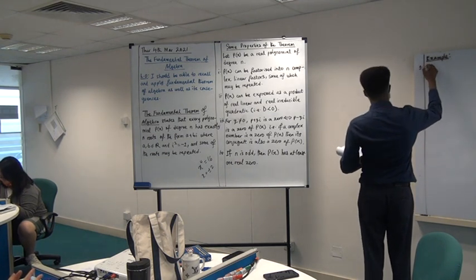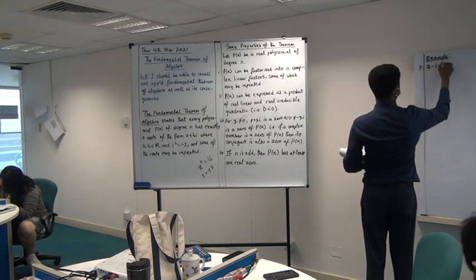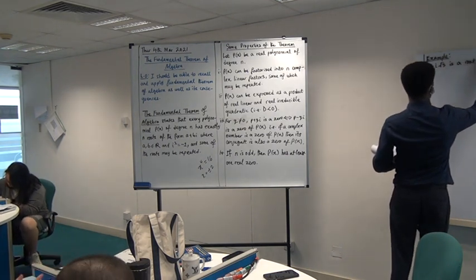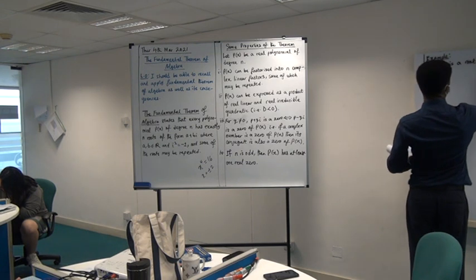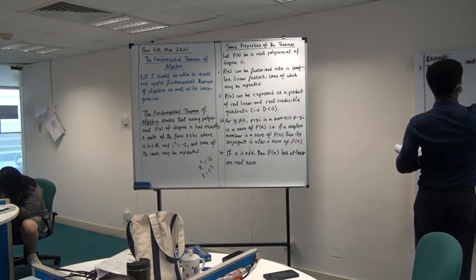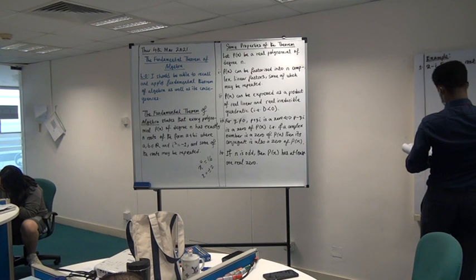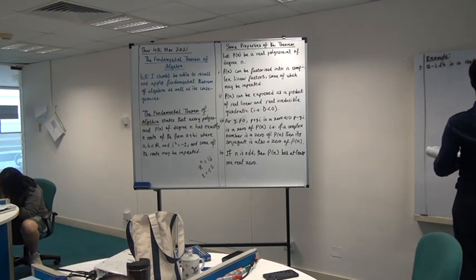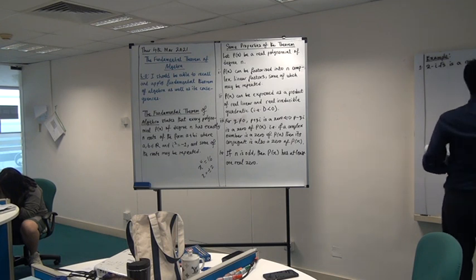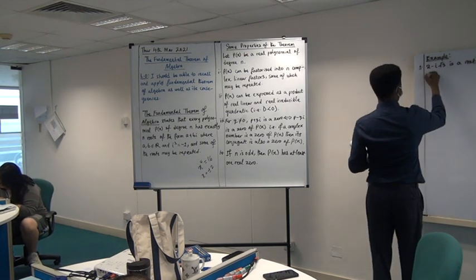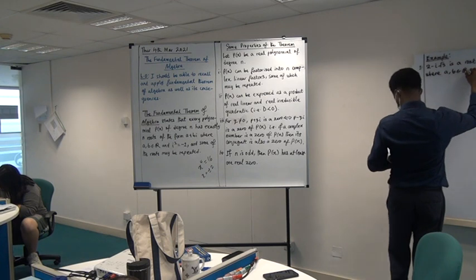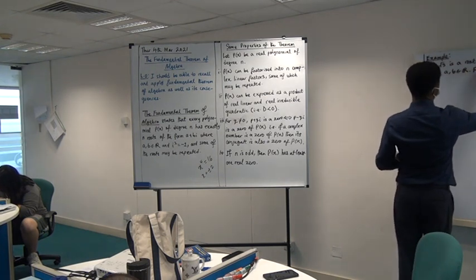The question says 2 minus i root 3 is a root of x squared plus ax plus b equal to 0, where a and b are constants, of course, where a and b belong to R. Find a and b.